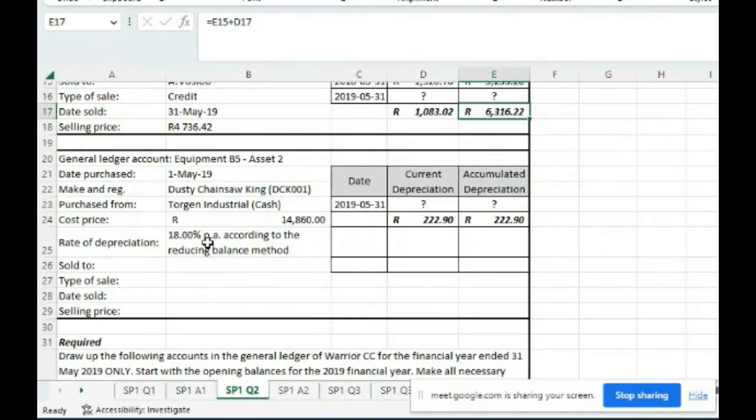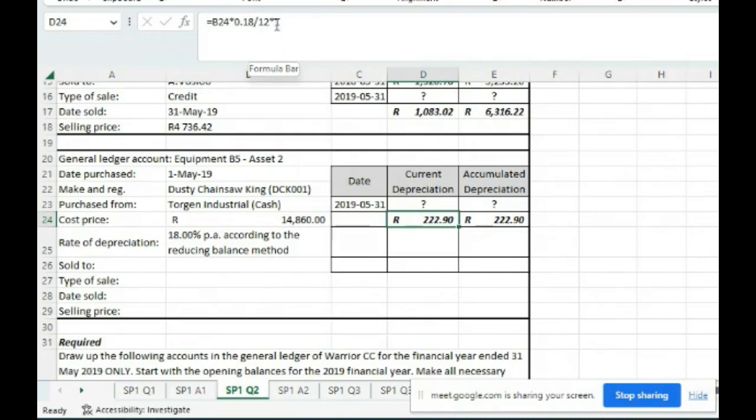So in this case, to calculate the current depreciation, we will take the cost price. We will multiply it by 18%. There's no diminishing value yet, it's just the cost price that we have. We'll multiply it with the 18%. That will give us the depreciation for the year, but because we only want it for 1 month, we divide by 12 and multiply by 1.